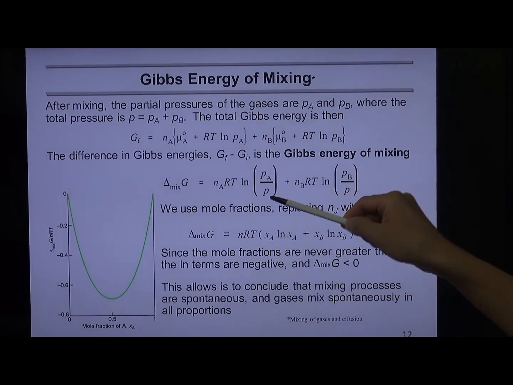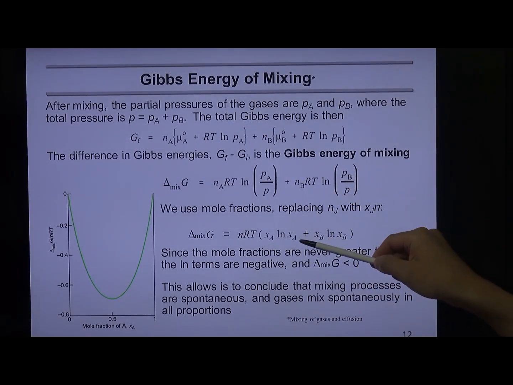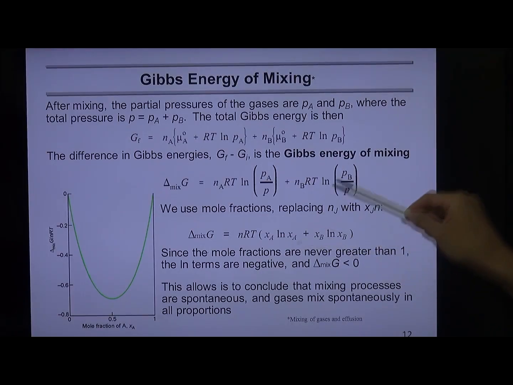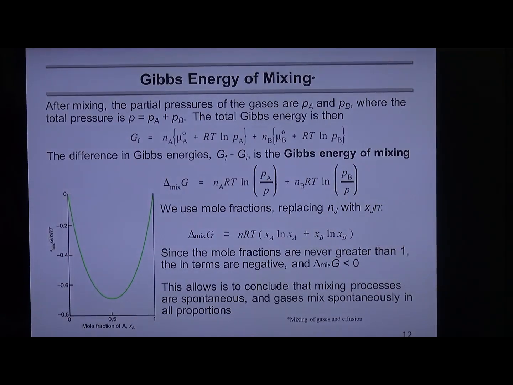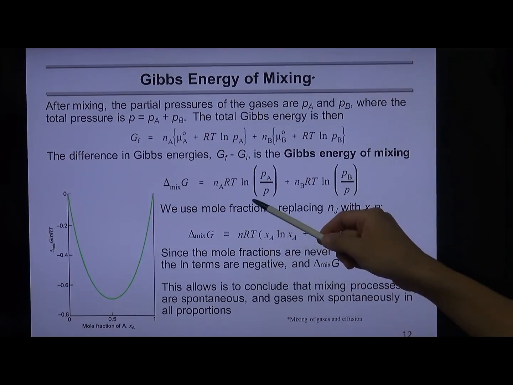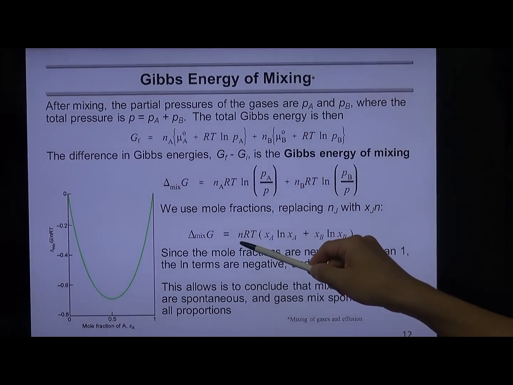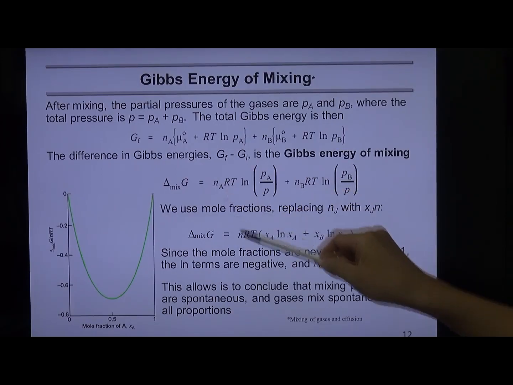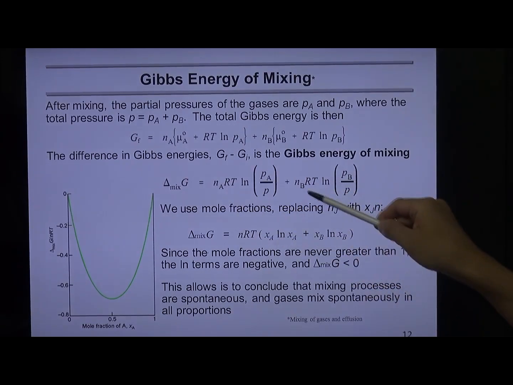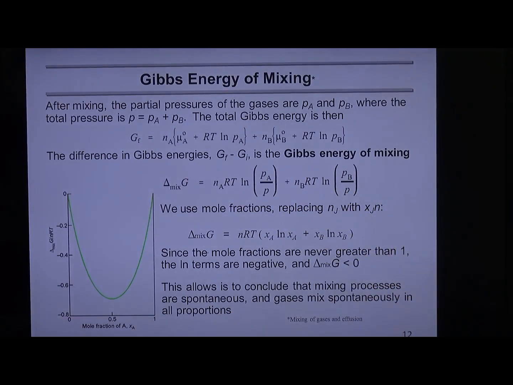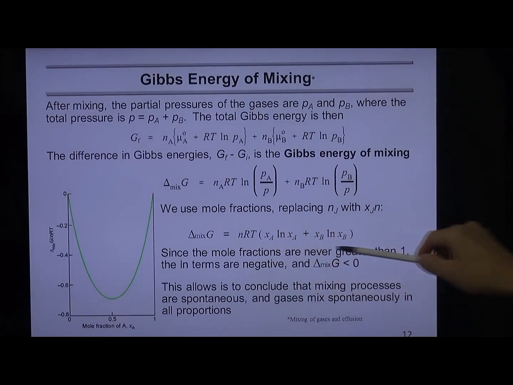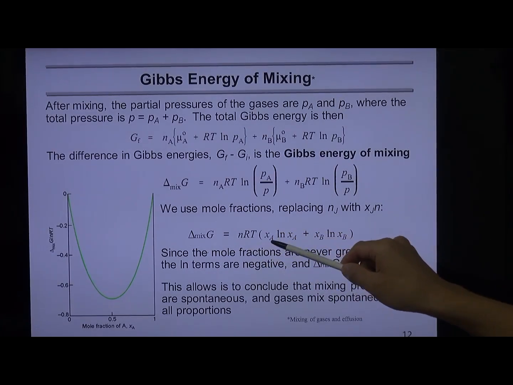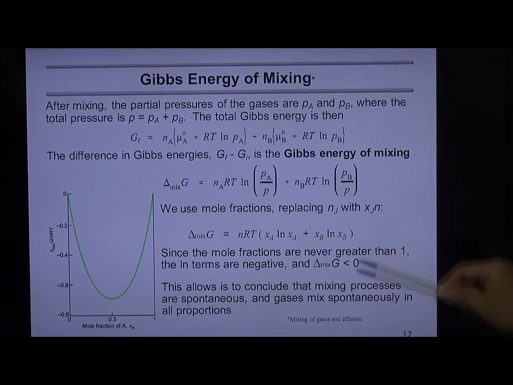First, P_A over P is x_A, the mole fraction of A in the mixture. P_B over P is x_B. And if you put n here, n_A over n is also x_A, and n_B over n is x_B. So you get the Gibbs energy of mixing as nRT (x_A ln x_A plus x_B ln x_B).